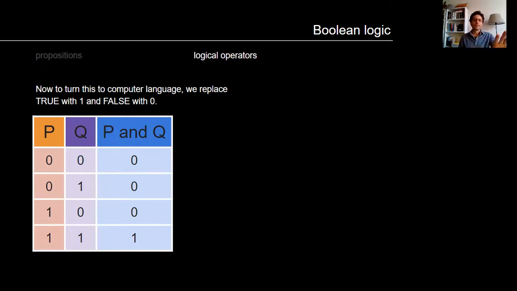This is the exact same truth table for the AND operator that you can find 3 slides back. If you don't believe me, just go 3 slides back and check it out. I just replaced F with 0 and T with 1. And when I did that, I reached this truth table for P and Q, where T and F are replaced with 0 and 1.